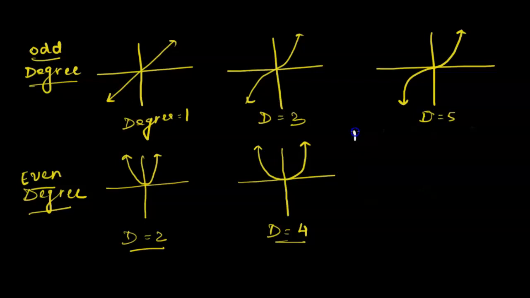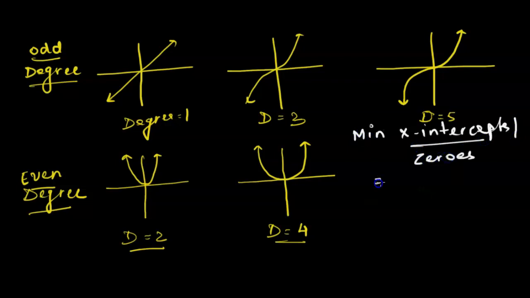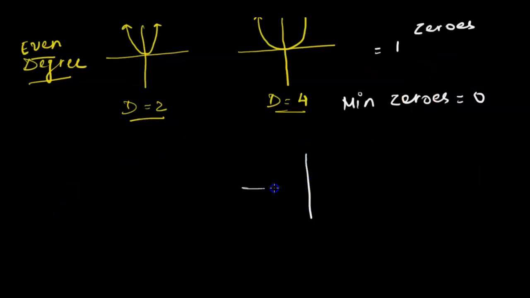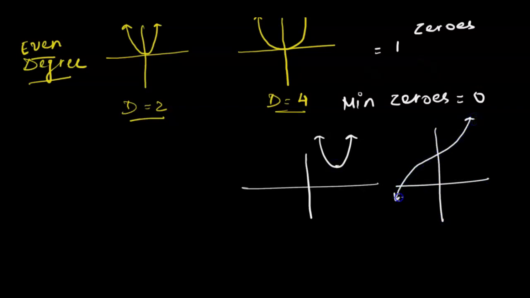Therefore, as we also know x-intercepts are called zeros, we can say the minimum zeros for an odd degree function is going to be 1, whereas the minimum zeros for even degree functions is supposed to be 0, because these even degree functions can also be made like this without making the graph go through an x-intercept. Whereas when it comes to the odd degree function, if we make it like this, there will always be a point where it has to cross through the x-intercept in order to keep going straight, be it with a squiggle or without a squiggle.